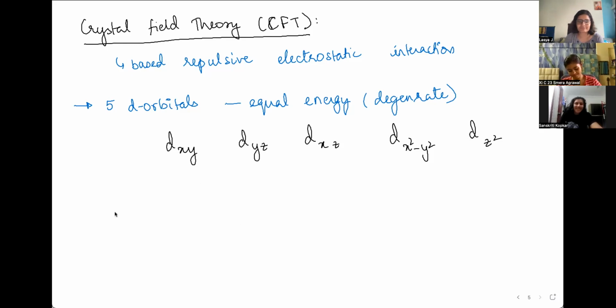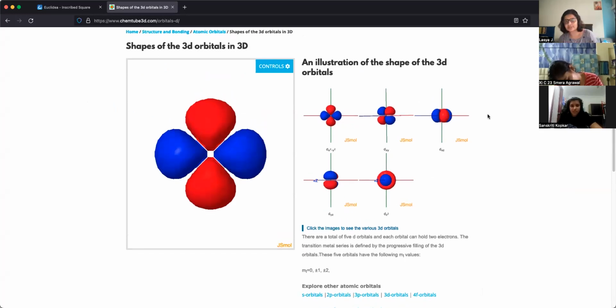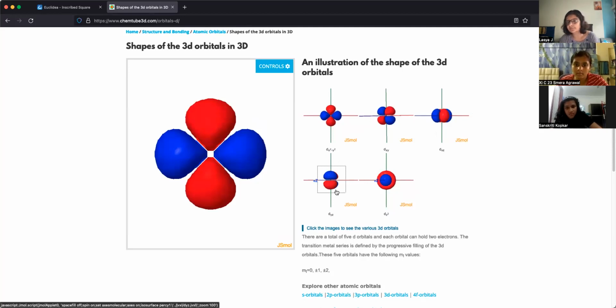I'm going to quickly switch to this. Where did I open it? Ah, here it is. Handy shape of the orbitals. Here you go. So dxy, dyz, and dxz are very similar to each other.